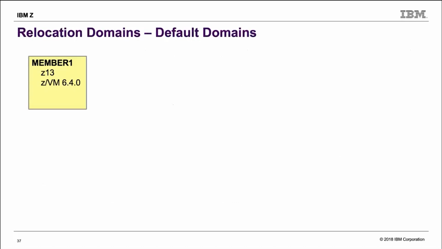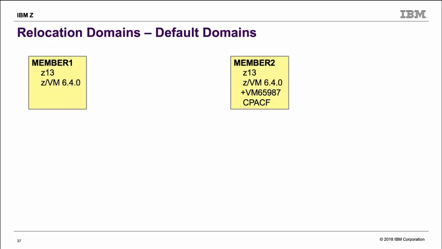So we're going to have a 4-member cluster here, and each member has a varying level of support. And so in this case, member 1 is going to be on a Z13, so he has the Z13 instruction set, and he's going to be running z/VM 6.4 base code. So anybody defined in this member-specific canonical domain would have access to those features and capabilities from the Z13 and z/VM 6.4.